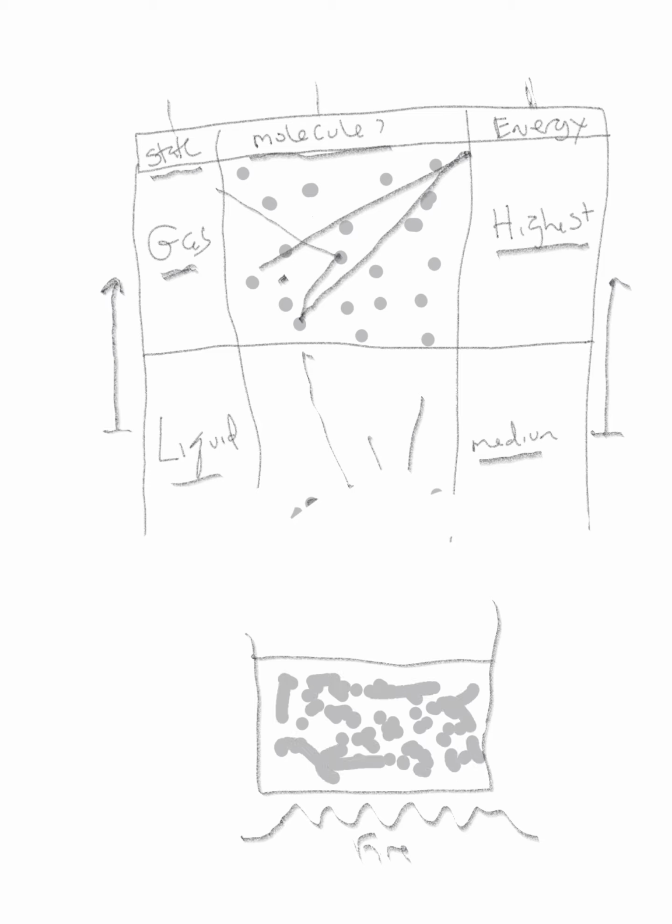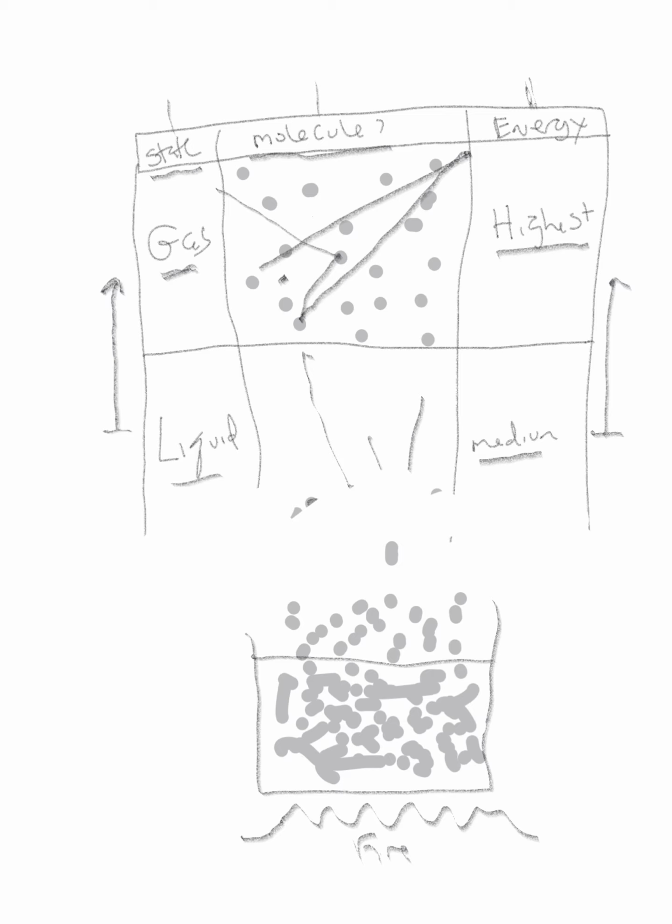You see them moving around, and eventually they move around so quickly that some of them break free and they'll go in the air. And that's what we start seeing as steam. Why do they do that? Because I add more energy to the water. They move around faster and faster. Sometimes they'll move around with so much kinetic energy that they break free from the bonds that hold the water together. And that's when they fly off as steam.